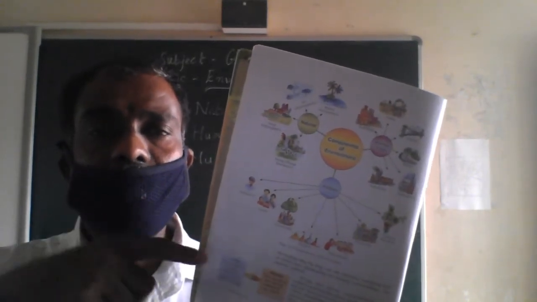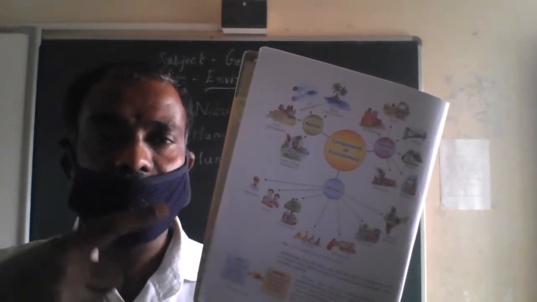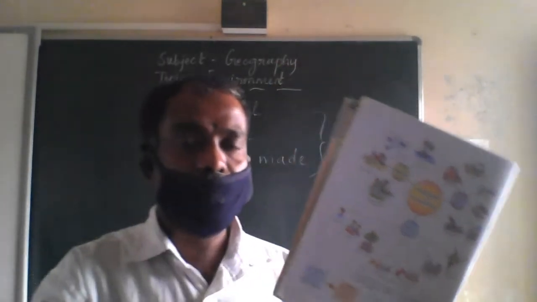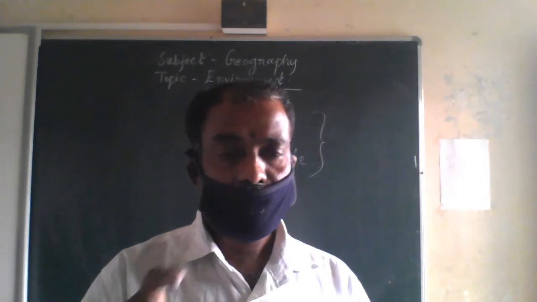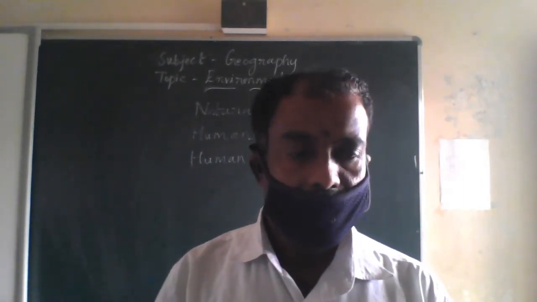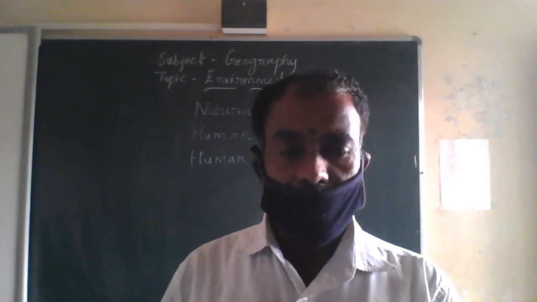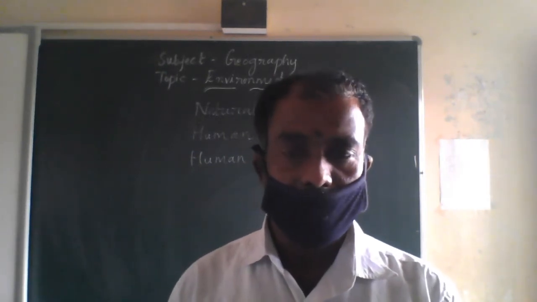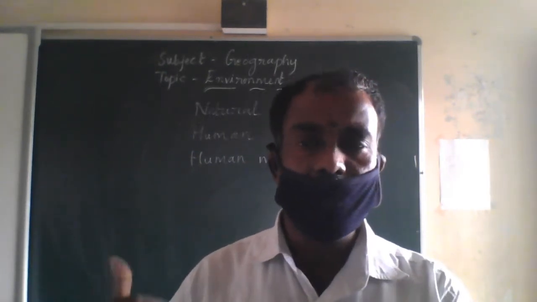There is also a picture description to understand more. And I would like to write under the different components. See, the natural environment contains different spheres. Let us see what the different spheres are.